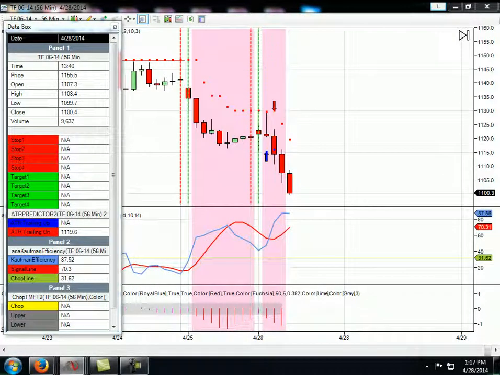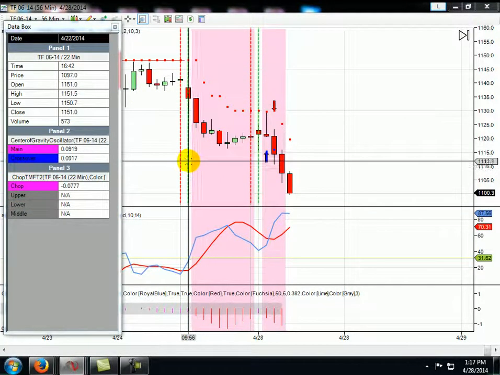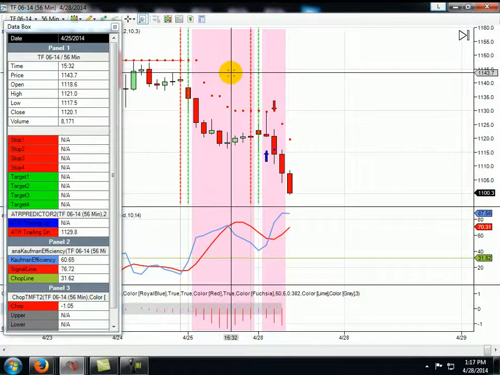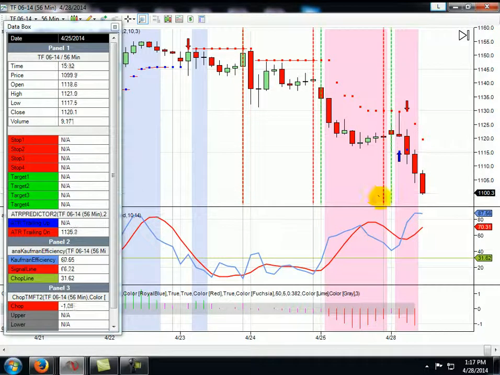So what I was doing was looking for accordance with all three of these. The three being the ATR, the efficiency ratio, and then the CGO.